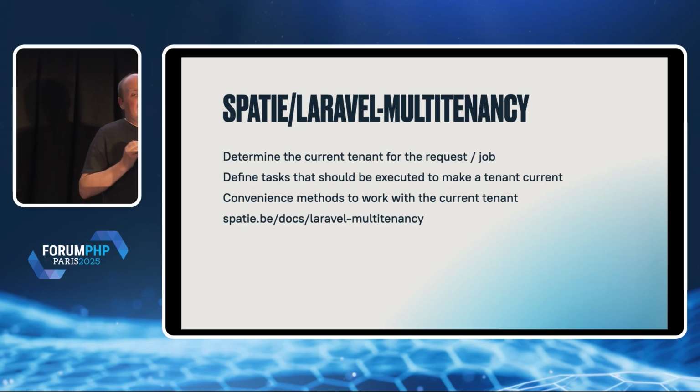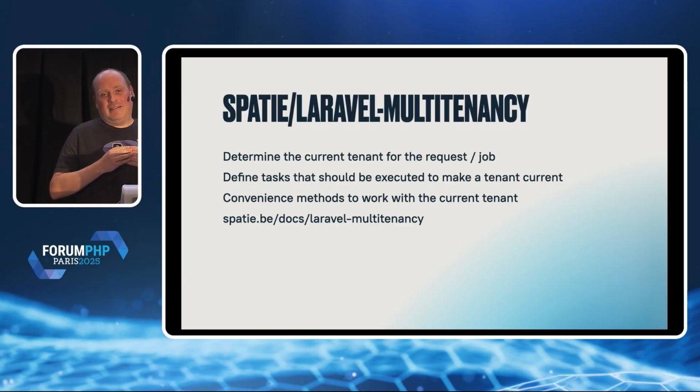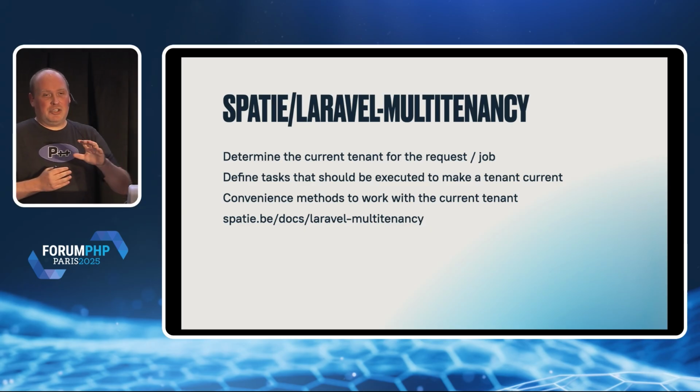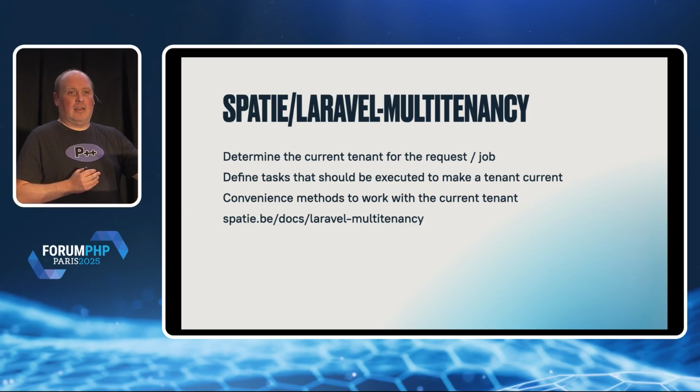Using the package, you can easily define tasks that should be executed to make a tenant the current one. Maybe in your application, your cache should have a prefix, and that is the way you isolate the cache for that tenant.